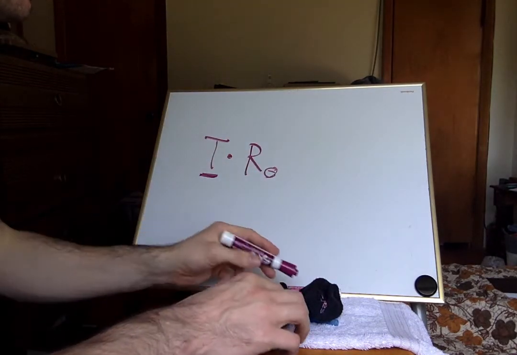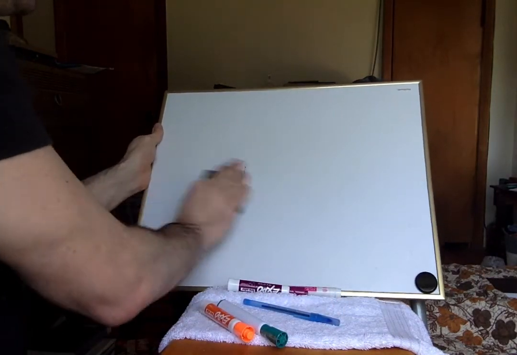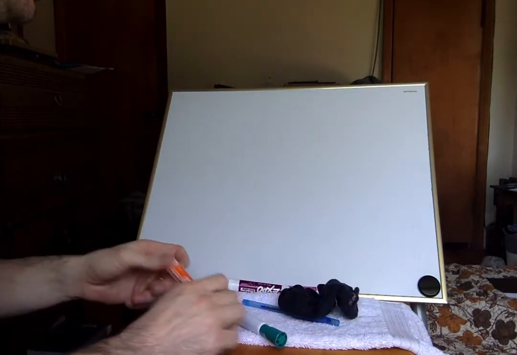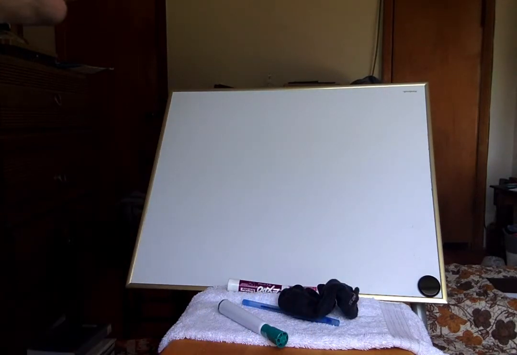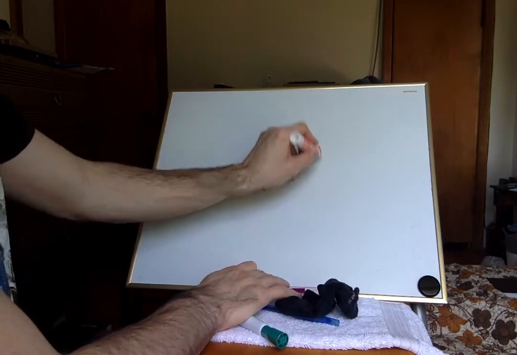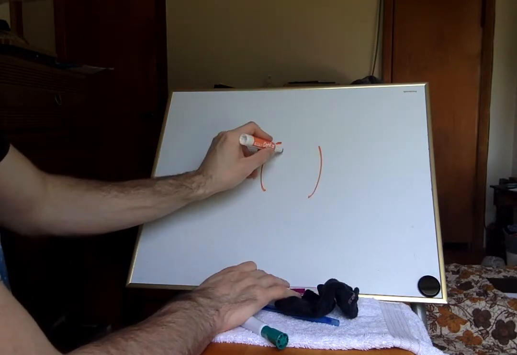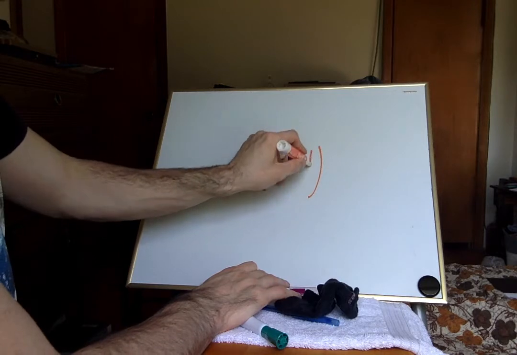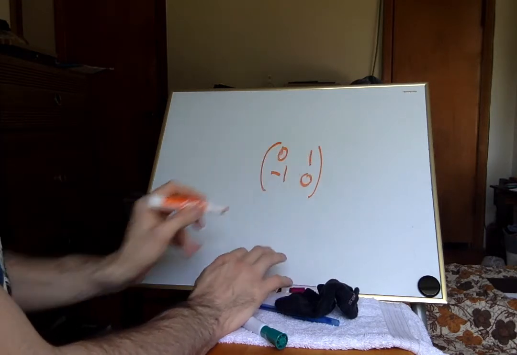So let's do a very simple example. So remember, if theta equals pi over 2, we get 0, 1, negative 1, 0.